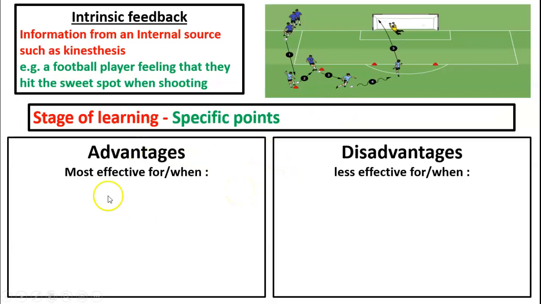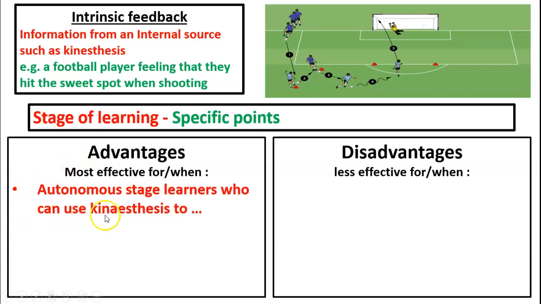Okay, so the first advantage then of intrinsic feedback, if we follow our pattern through, with this one we can't use confidence and motivation. It's the only one really. So we're going to just talk about the stage of learning, intrinsic feedback. So if we are going to use information from an internal source such as kinesthesis, who's going to be able to do that? Well, the only people who can use intrinsic feedback are autonomous stage learners.